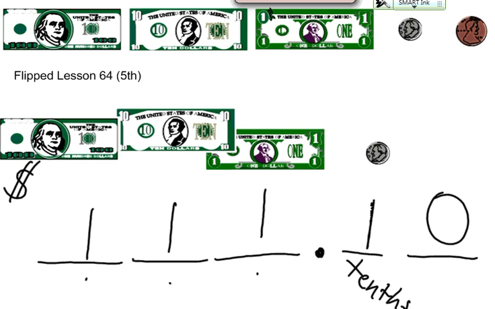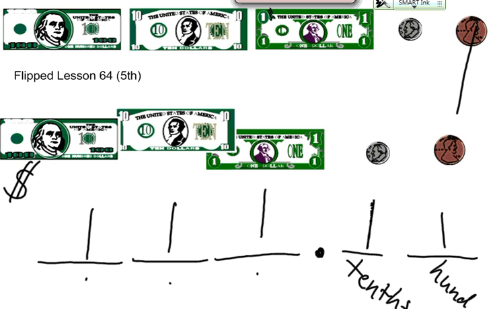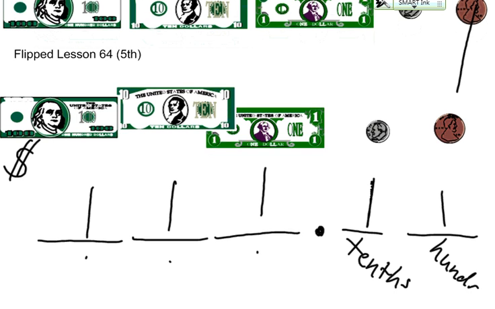So 1 tenth. Just like if I erase that real quick and I throw a penny down here now. I have 1 penny here, and that's the hundredths. I'm running out of room on my screen.